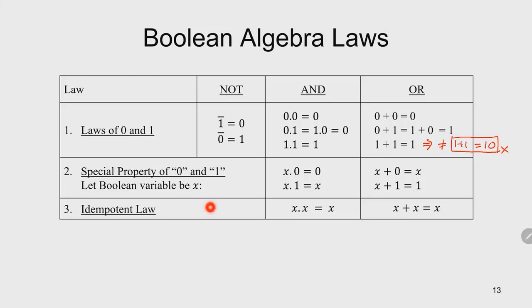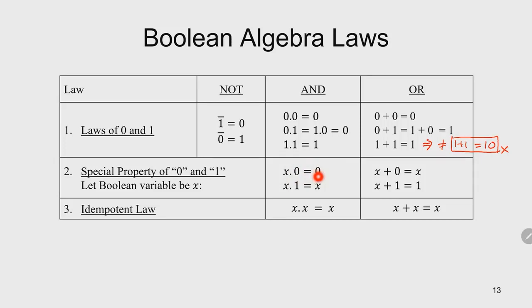And then the special properties of 1 and 0: one of the Boolean variables is x. So x is varying; it can be 0 or 1. This special property tells us that in AND, it doesn't matter what x is, if I AND x with a 0, it's going to give us a 0.